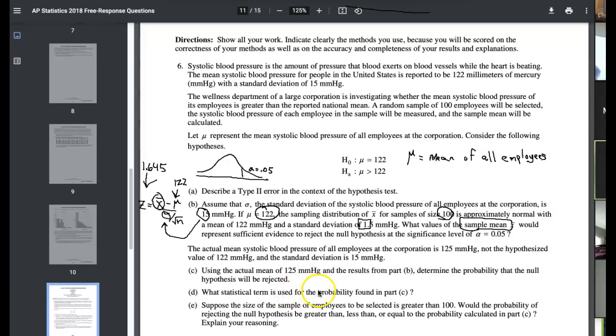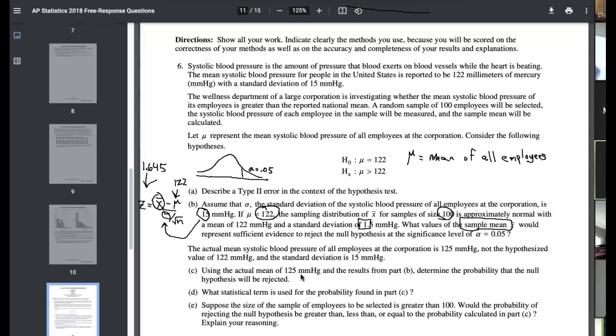What statistical term is used for the probability found in part C? Okay, so calculating this probability, they give us a value. The mean is 122, and they're like, but our actual value is 125. Whenever they give us an actual value, a new value, this is called the power of the test.